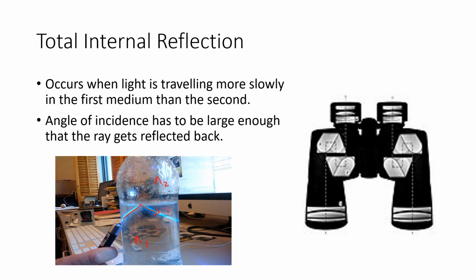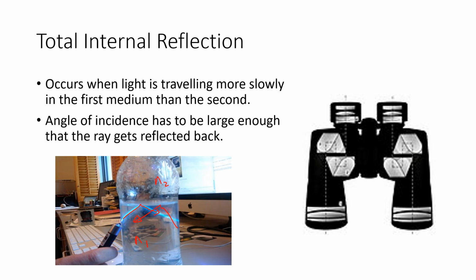You might have noticed this if you've ever gone to the bottom of a pool and sat there and looked up. You'll see right above your head, you can see out into the sky or the roof of the pool, whatever. But if you look to the side, you'll see a reflection of the bottom of the pool. And that's because the light is coming at you at a steep enough angle that it bounces off the surface of the water and back to your eye.